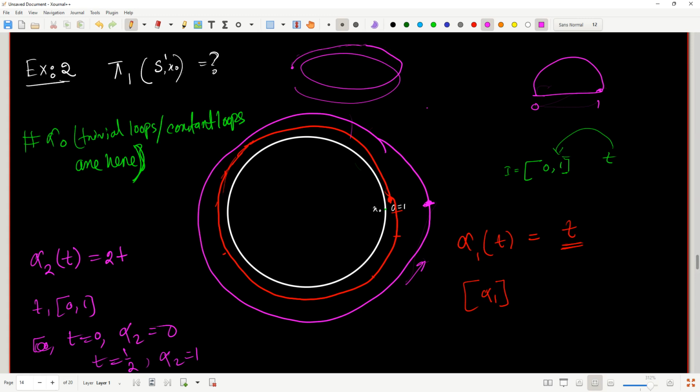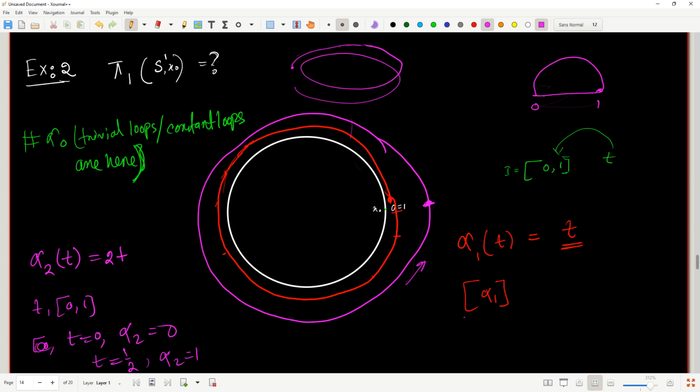So instead of drawing a circle like this, think of it as, beside the circle, you have a rubber cylinder made out of rubber sheet. So this alpha 2 of t means that you are wrapping the circle with that rubber cylinder 2 times.